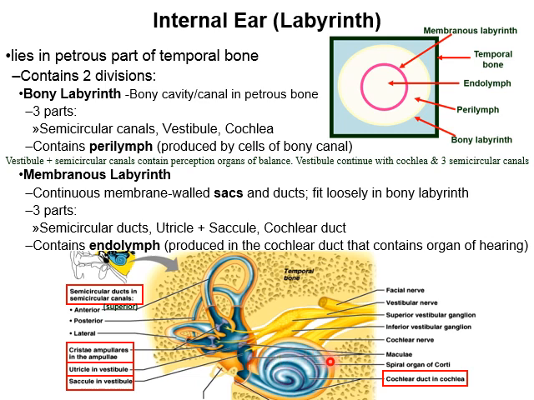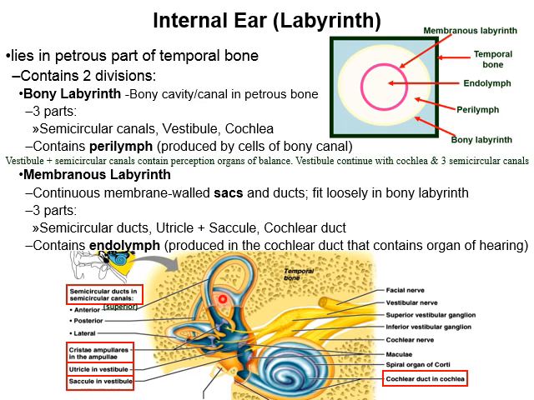So this slide shows you two things: bony labyrinths and membranous labyrinths. The bony labyrinths are the structures made of bone, as you see here, the cochlea, the vestibule, and the semicircular canals.